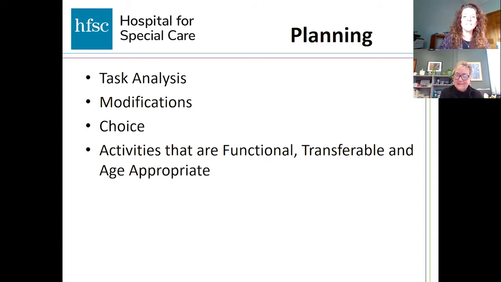So I think that's really important. And the last piece is, we always want to make sure that our activities are age appropriate. In this planning stage, I just want to say that we are working with a lot of different coaches.